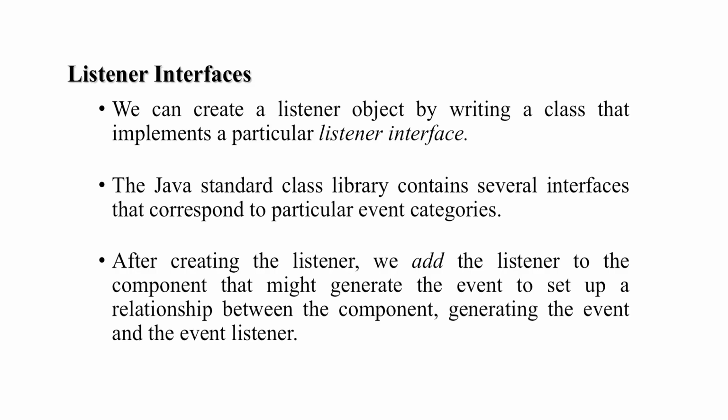Whenever we declare a listener, we have to give the listener interface. The Java standard library contains several interfaces which correspond to particular event categories. When a listener is created, we have to add this listener to the component so that the action might be added to the event.